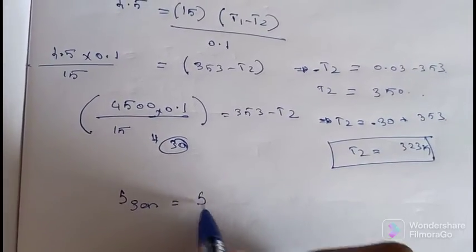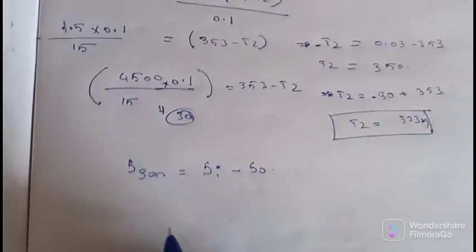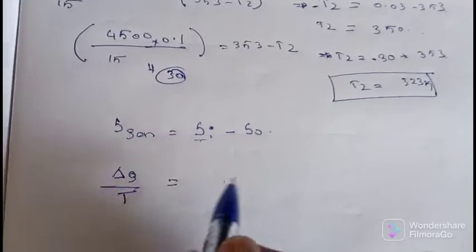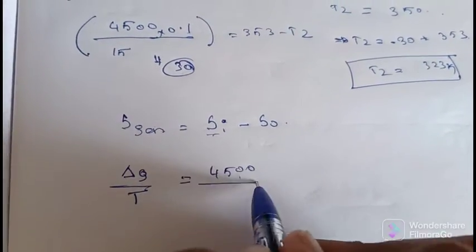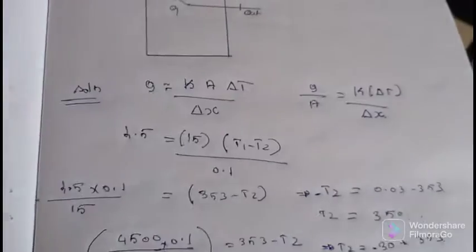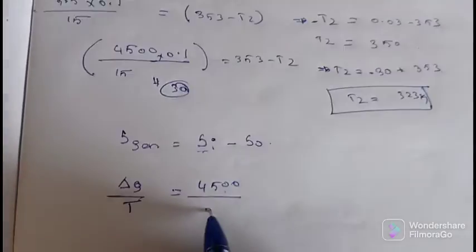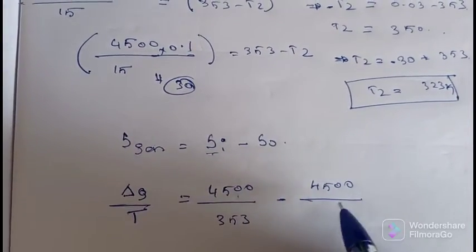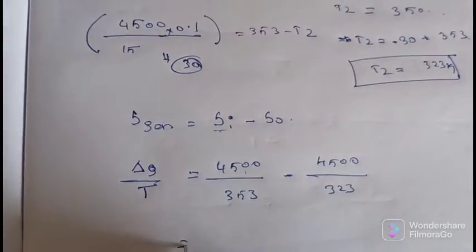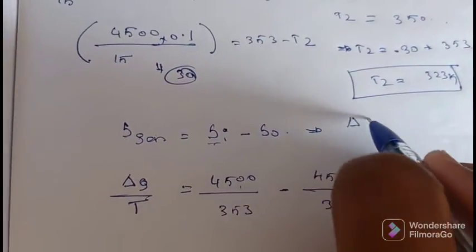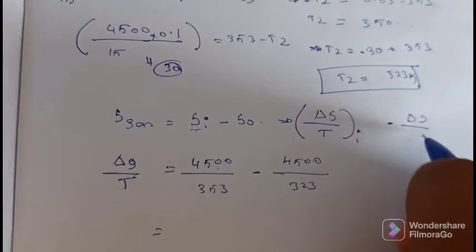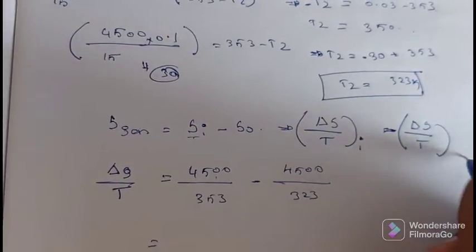Entropy generation is equal to entropy at the outlet minus entropy at the inlet. The entropy formula is dQ by T. Here Q value is 4500, hence it is 4500 divided by T in. T input value is T1, which is 353, minus the same 4500 divided by T output, which is 323, as we identified.